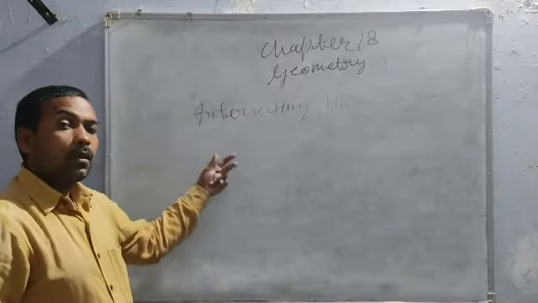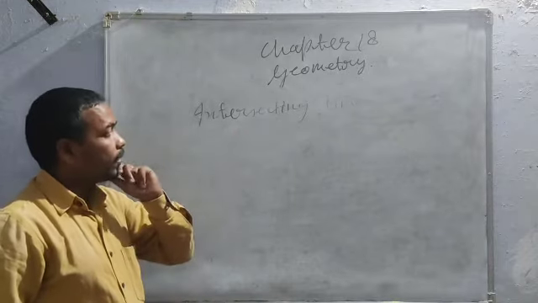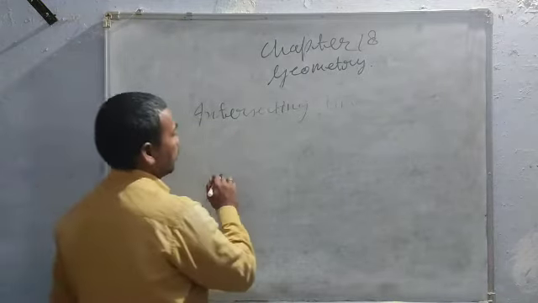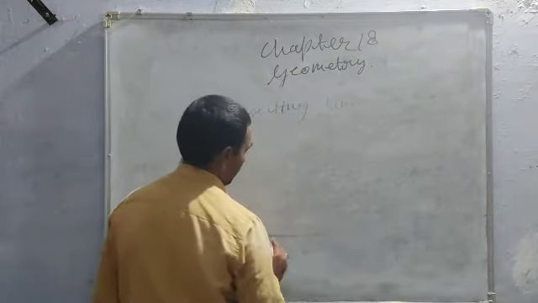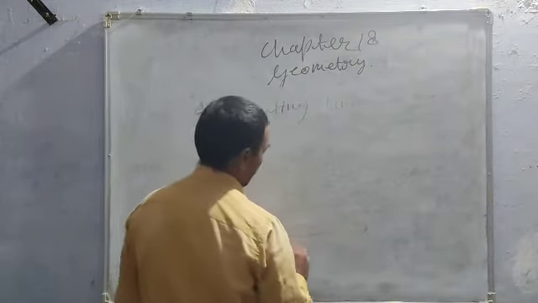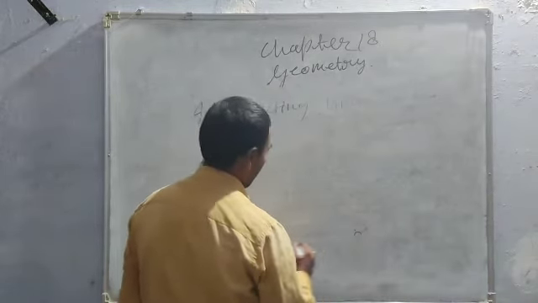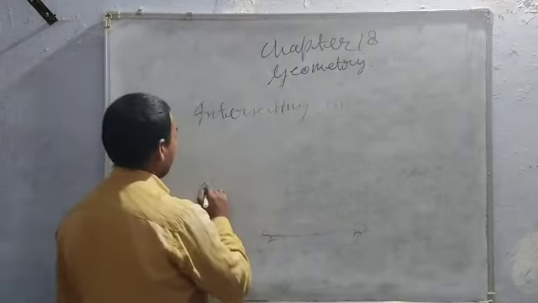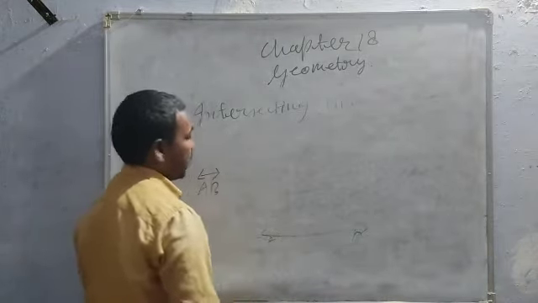Children, the representation of a line can be done in 2 ways. Suppose a line is given. This line can be represented using 2 alphabet letters. This is the representation of line AB.